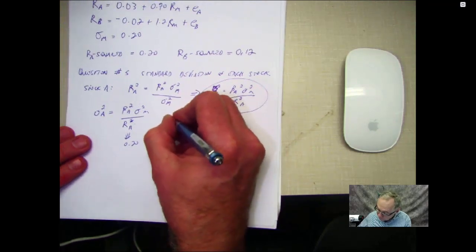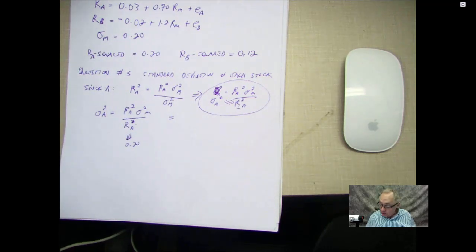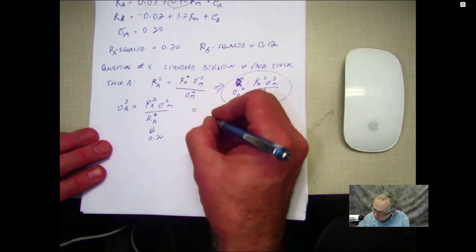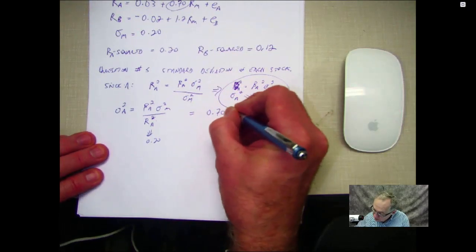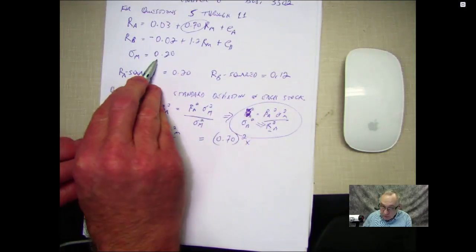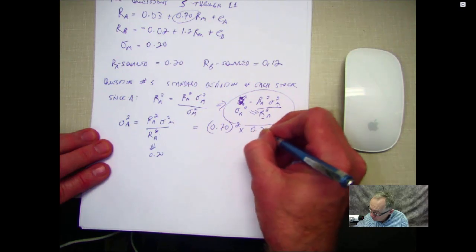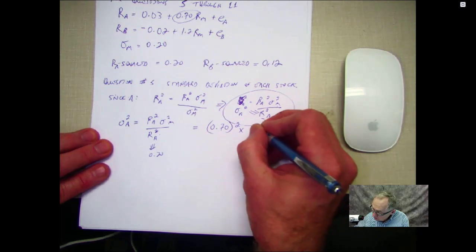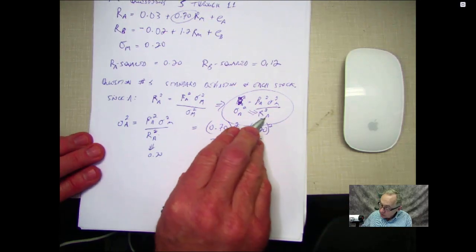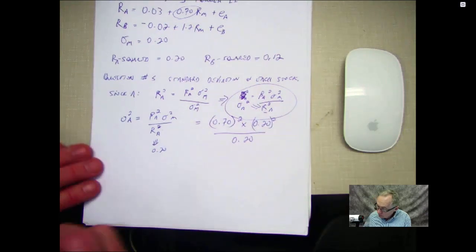So let's fill in the rest of our information. Beta is given to us at 0.7, so 0.70 squared times the standard deviation for the market is 0.2, but we want variance, so that's squared, divided by the R squared for A, which is given again at 0.20.